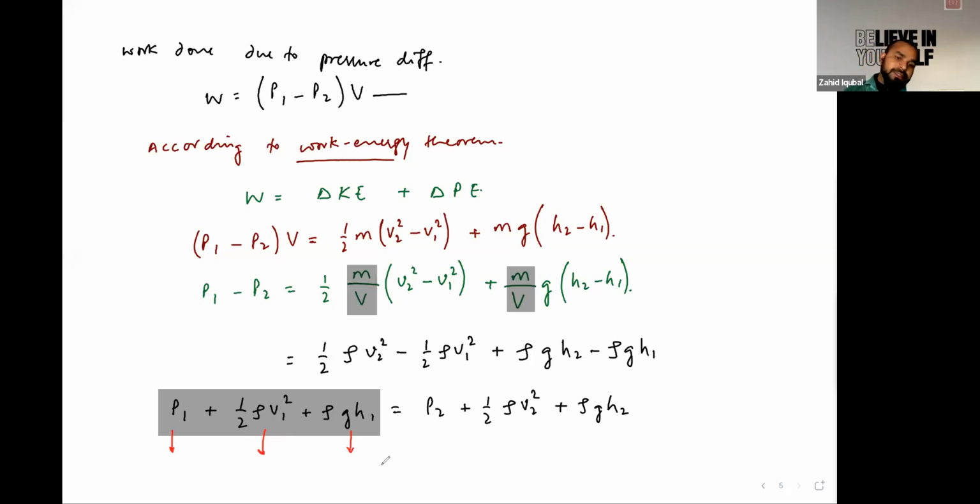You may write this expression as pressure divided by rho times gravity plus velocity squared by 2 times of gravity plus h is equals to constant, which is called pressure head, velocity head, and gravitational head or gravity head.